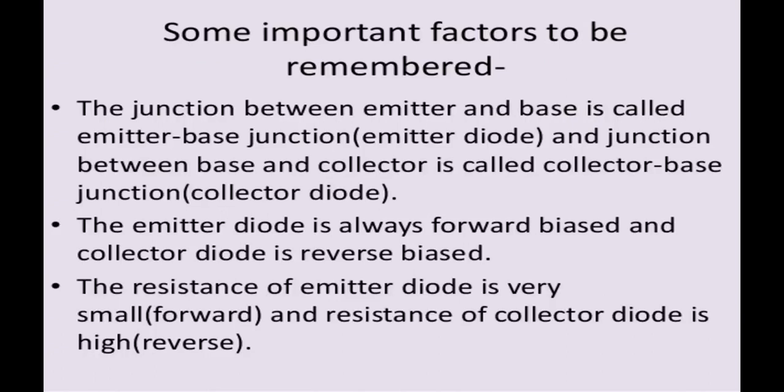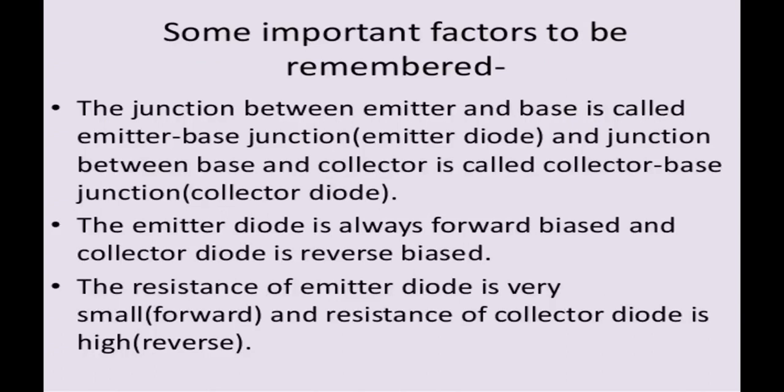The junction between base and collector is called collector diode. The emitter diode is always forward biased, and the collector diode is always reverse biased. Why is the emitter diode forward biased? Because the emitter injects a larger amount of electrons or holes, since it is heavily doped. Yes, and the emitter diode is always forward biased, as I already mentioned.